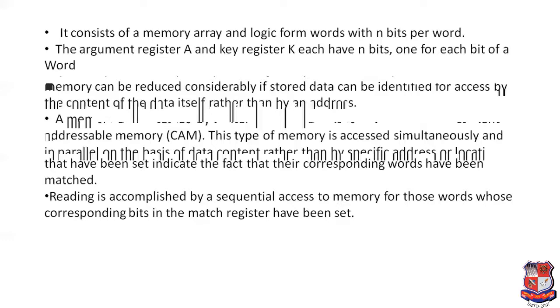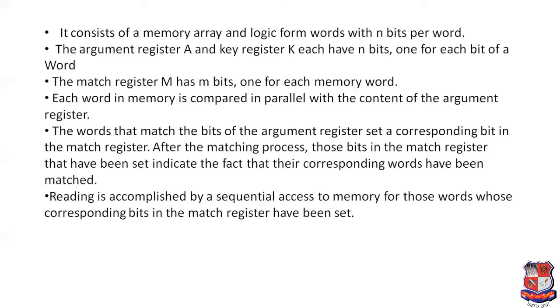Each word in the memory is compared in parallel with the content of the argument register. The words that match the bits of the argument register set a corresponding bit in the match register. After the matching process, those bits in the match register that have been set indicate the fact that their corresponding words have been matched.